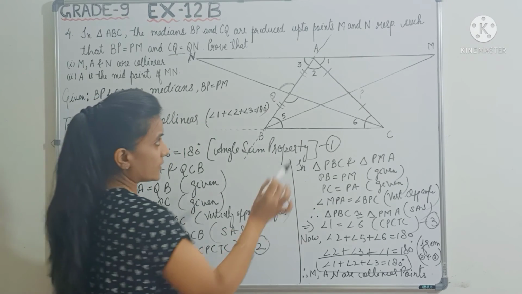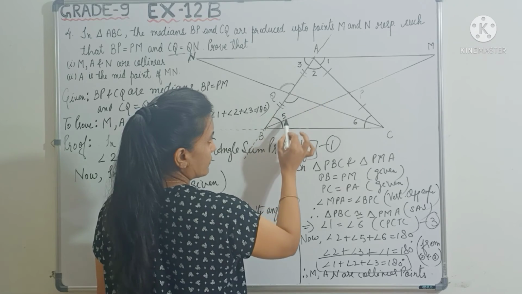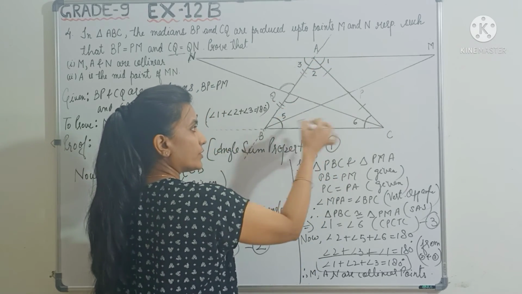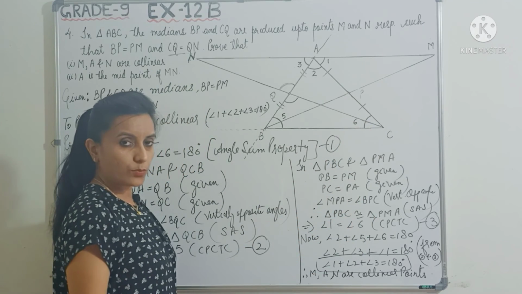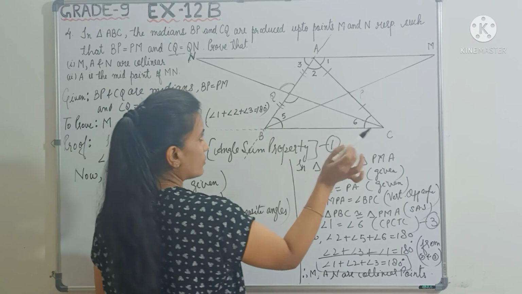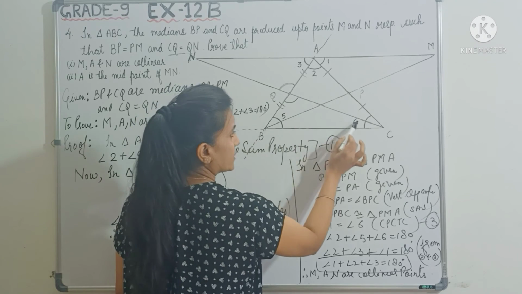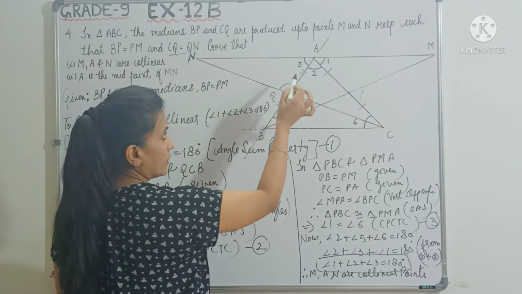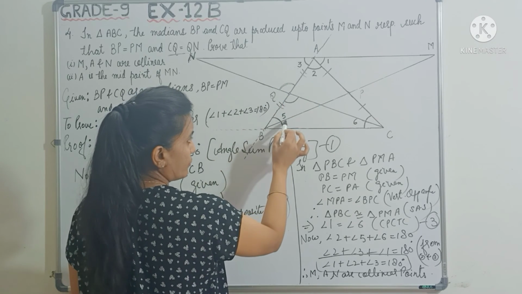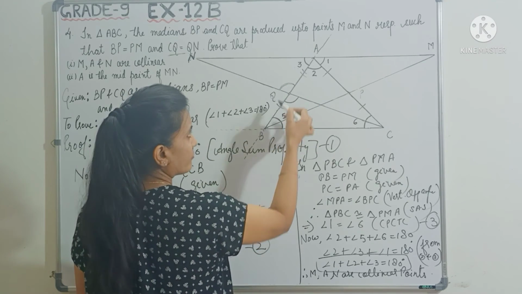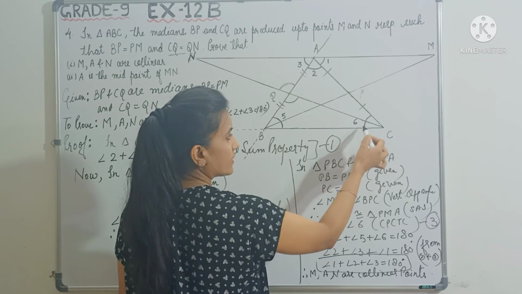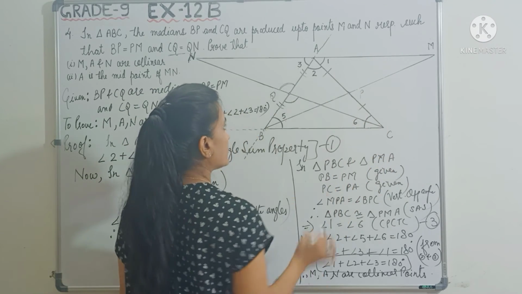Now here we know that angle 2 plus angle 5 plus angle 6 is 180 because in a triangle the sum of all the 3 angles is 180 degrees, right? So we know angle 2 plus angle 5 plus angle 6 is 180 degrees. Now we have to show 3 is equal to 5 so that we can replace 5 with 3, and then we have to show 1 is equal to 6 so that we can replace angle 6 with 1, right?